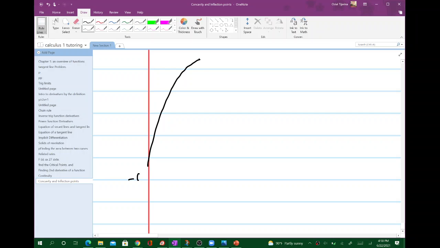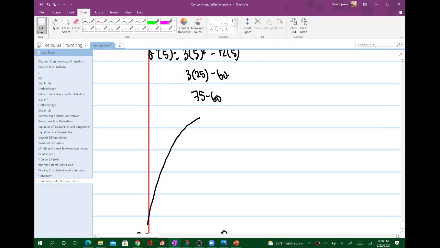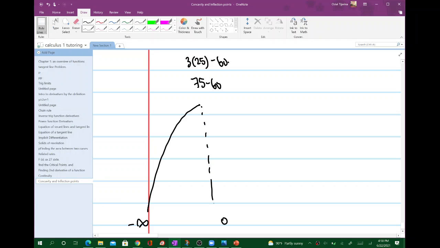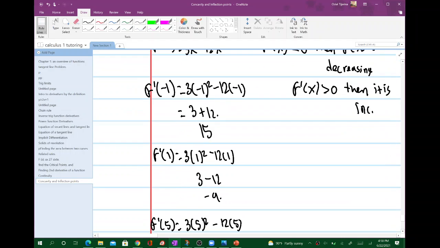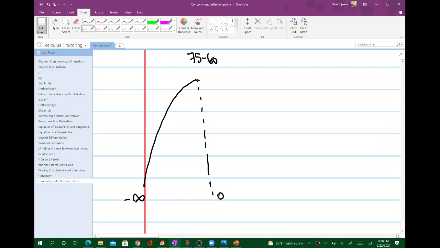So let's just say this is negative infinity and then this is 0. It is increasing from here to here, right? And then from 0 to 4, it's decreasing, so it's going like this. And here is 4. And then it's increasing again.